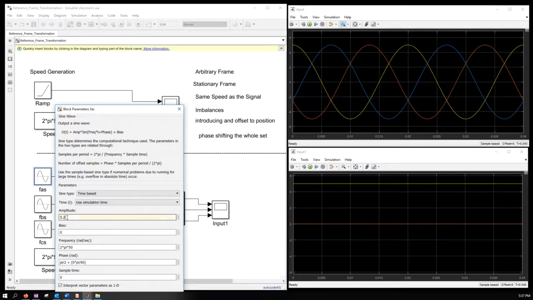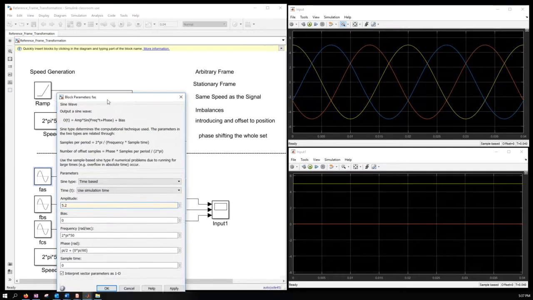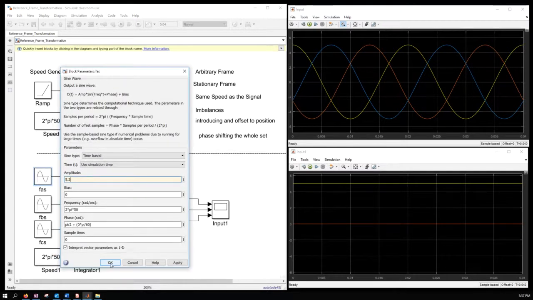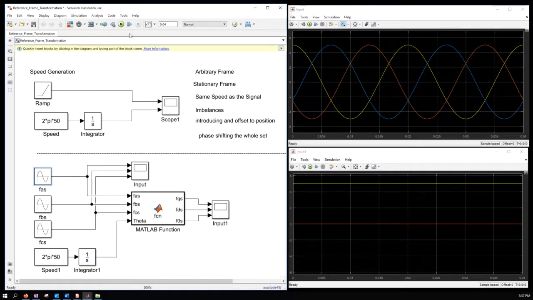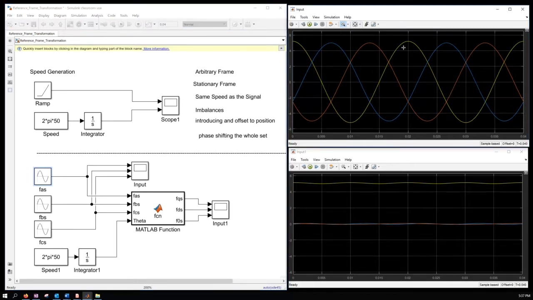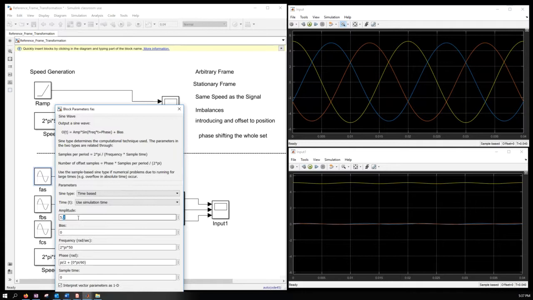So I'm going to inject like 0.2 additional. Okay, and then let's see what happens. Ooh, look at that. I don't know if you can see here. Let's inject a little bit more. I want to make it look significant. I don't know if you guys can see that.